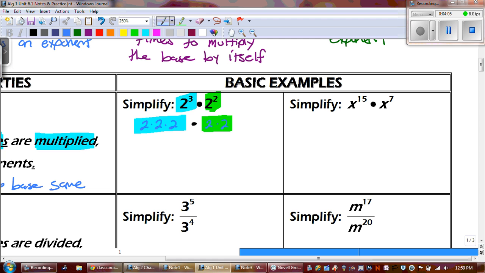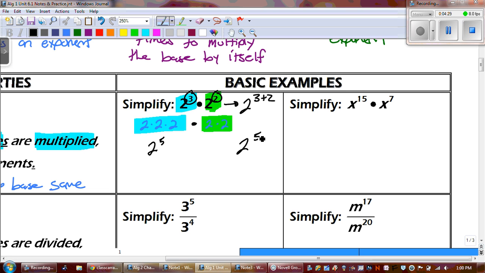How many 2's do we have altogether? 5. So we would say that that is 2 to the 5th. The shortcut to that would be saying, I'm going to add my exponents. 3 plus 2 is 5. Ta-da! We got the same answer.